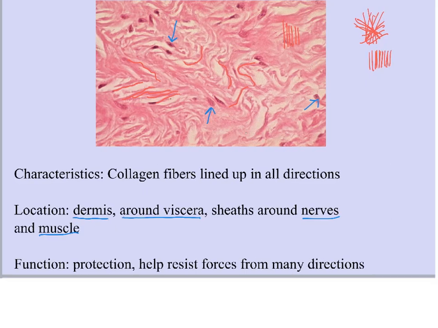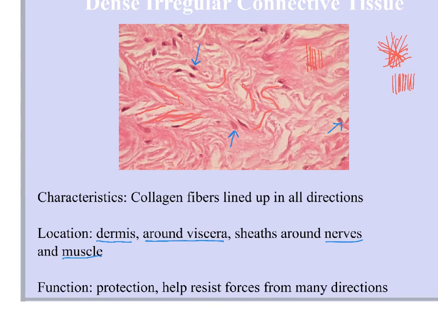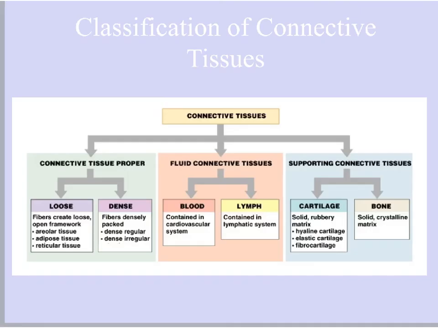But also one of its main functions is to resist forces coming from many directions. So force can come from almost an infinite number of directions, really, and the tissue won't get damaged. So this is what makes this tissue quite versatile.